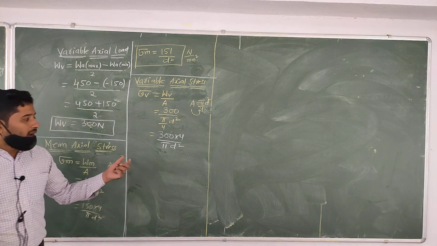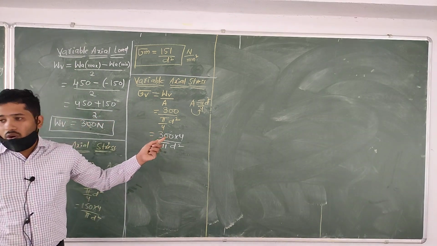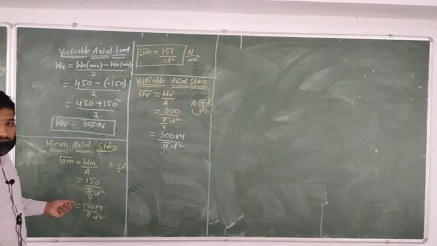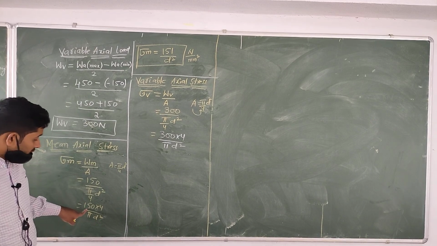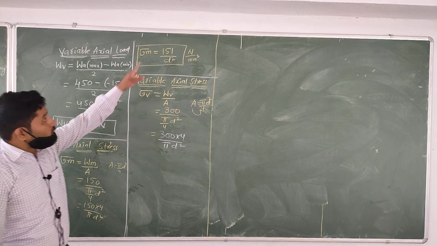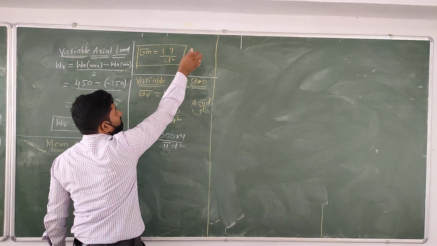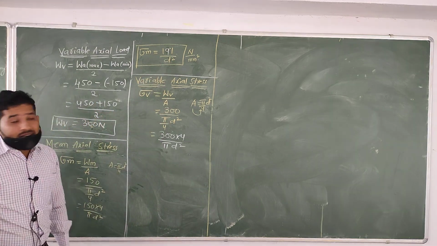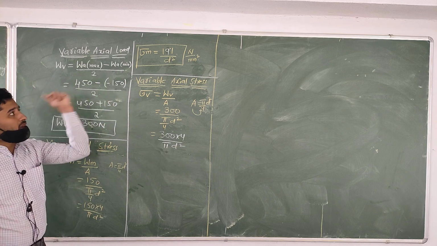So if you calculate the value with the help of a calculator, 300 into 4 by pi, then you will get the value. In the earlier case, 150 into 4 by pi, you get 191 here, not 151, 191 by d square. That is the value of the mean axial stress.